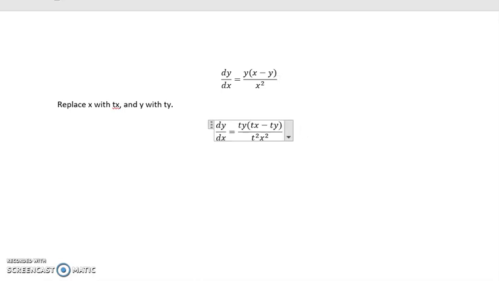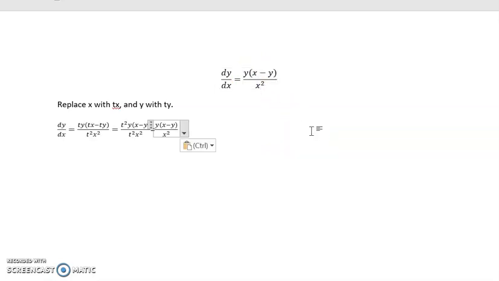Now we can see that if we factor out the t here and the t from this parentheses, we're going to get t squared y times x minus y, over t squared x squared. And so now we can cancel out the t squareds, and that will give us the original problem we had to start with.